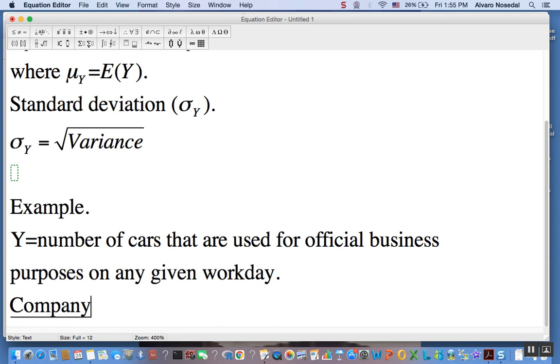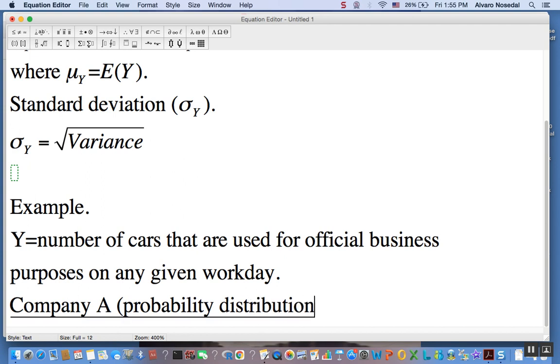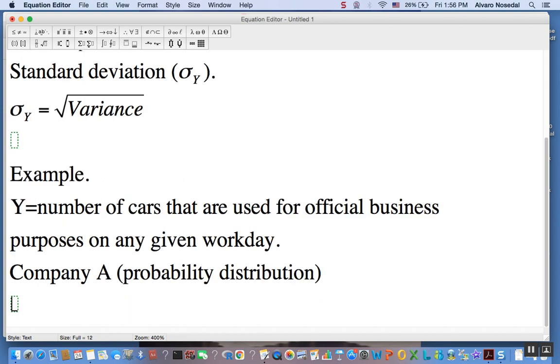Okay, we have company A, and I'm going to give you the probability distribution of y for company A. Remember, the probability distribution of y is just a list of possible outcomes, possible values with the corresponding probabilities.